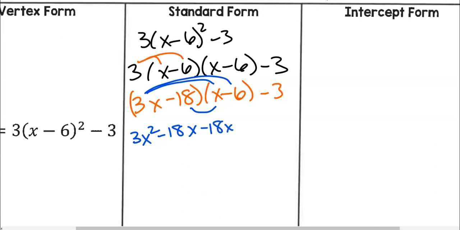Negative 18x. Negative 18 times negative 18 times negative 6 gives me positive what? 18 times 6, yeah. 108. Did you get the same thing, Jane? 108. Okay. Sweet. And don't forget, we still got this minus 3 over here.